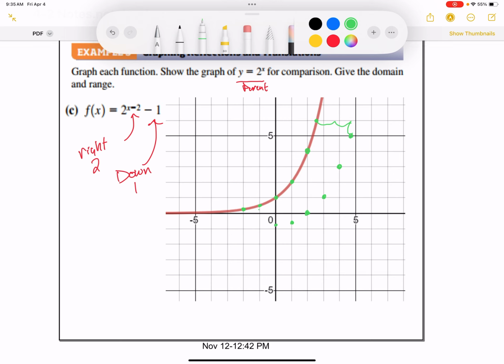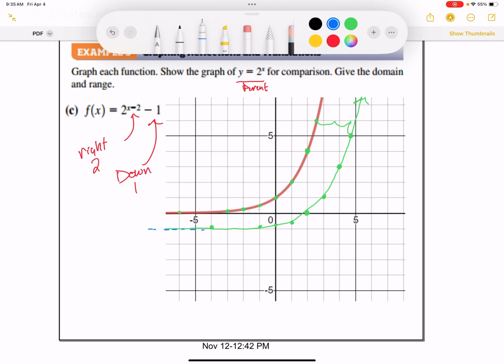So now I see that this is the line. Because this point right here would go to the right 1, 2, and then down 1 right there. This one right here would be right 2, down 1 right here. So now I'm seeing that before, y equals 0 was my horizontal asymptote.